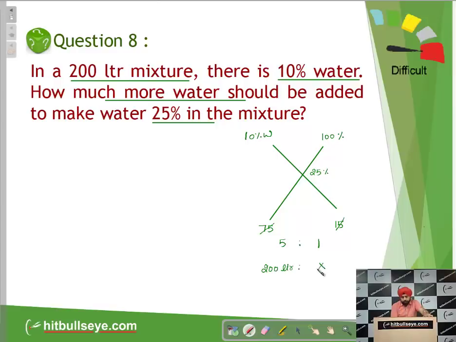So this is what we need to find. So x shall become equal to 200 divided by 5, that is 40 liters. So this 40 liters will become our answer. Right, students? Let's move to the next question.